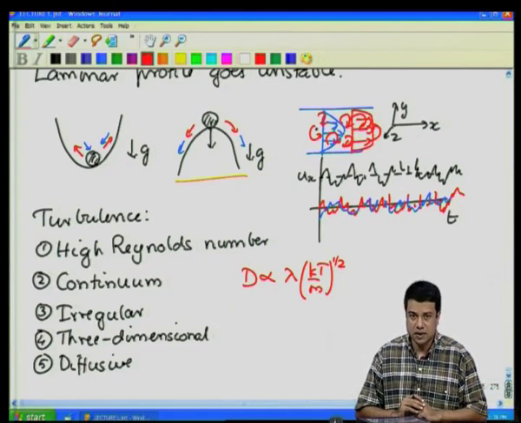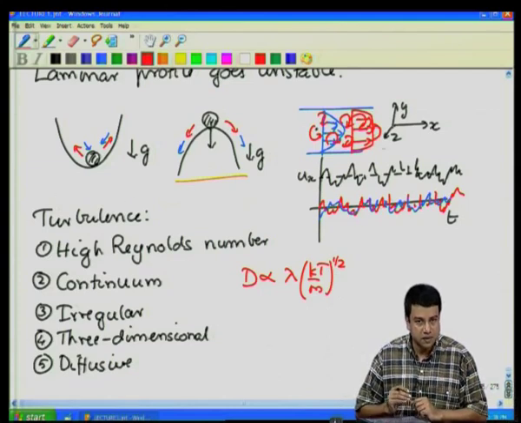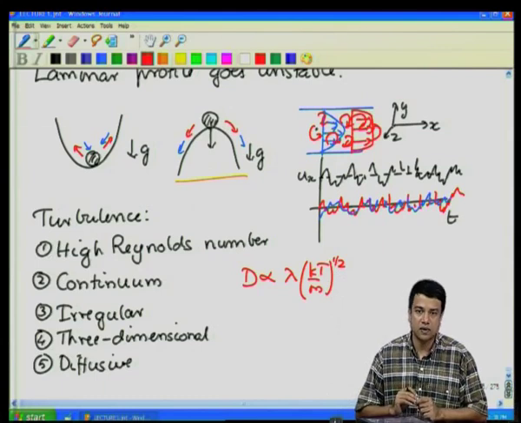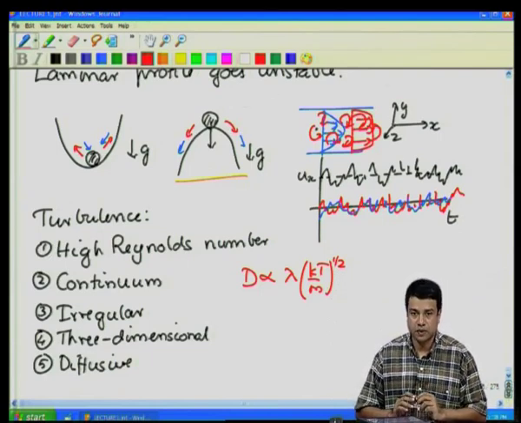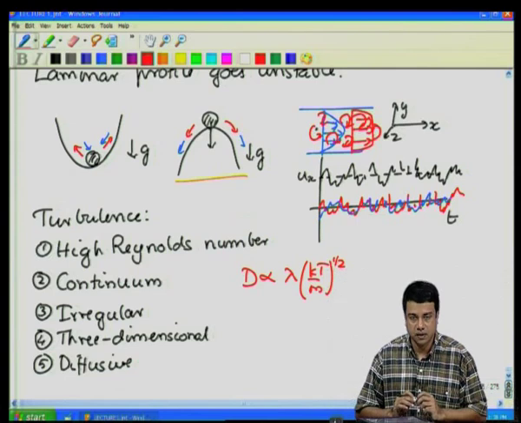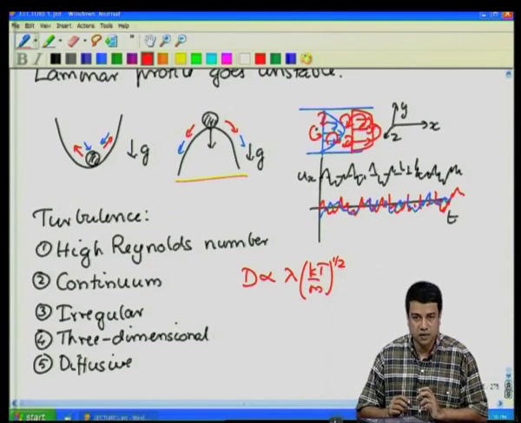Therefore, the velocity scales as (kT/m) to the power half. That velocity times the length scale, the mean free path, is what constitutes the diffusion coefficient. This we had done in detail in the beginning of Fundamentals of Transport Processes 1, where we had looked at diffusion processes in great detail. So, this is the mechanism that results in molecular diffusion in a gas.